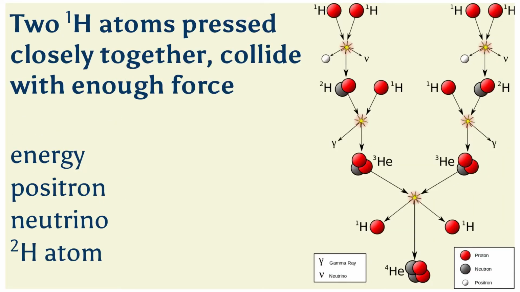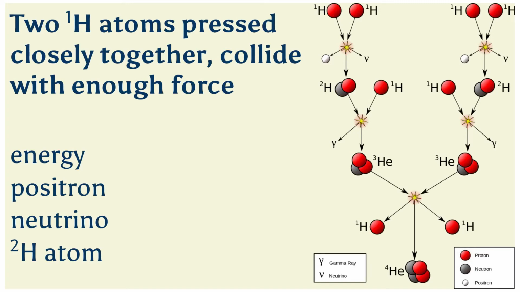When two atoms are pressed closely together, they collide with enough force, as you see in this diagram. They release energy. They release a subatomic particle called a positron, and they also release neutrinos, another subatomic particle. Both are interesting in their own right, but that's a different conversation. They also produce an H2, one proton and one neutron.